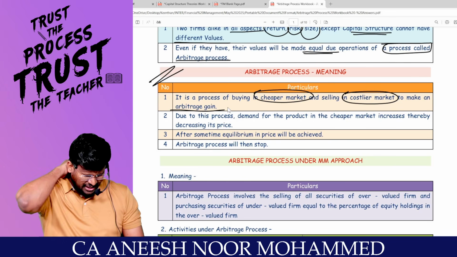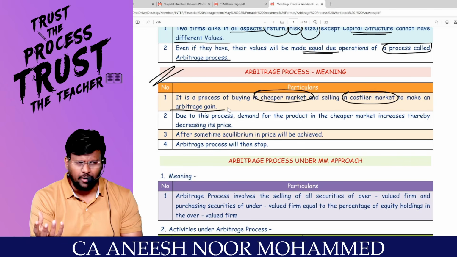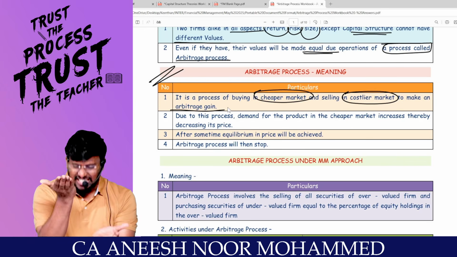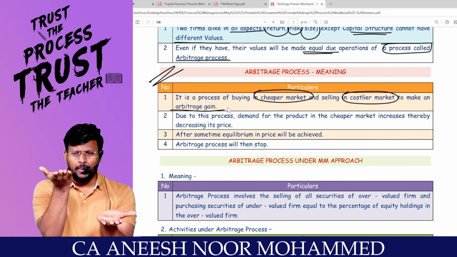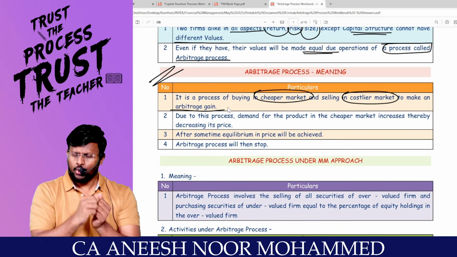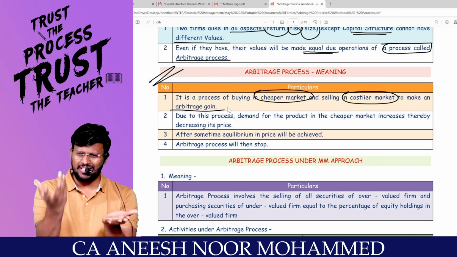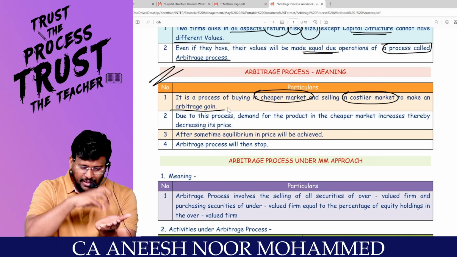That means if there is tax, MM is saying there are two firms, levered and unlevered. The value of the levered firm will be higher than the value of the unlevered firm. Whether you are a shareholder in this firm or that firm, your risk is the same, your return is the same, your size is the same.